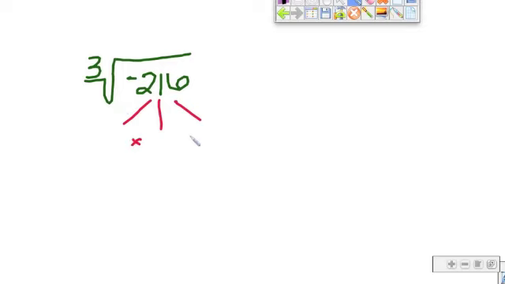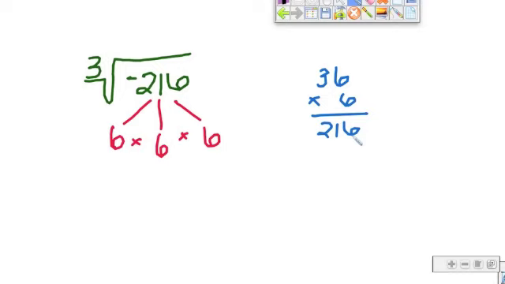And these all 3 have to be multiplying together, not adding them up. What number can I do the same 3 times and multiply them, give me 216? How about 6? Okay, 6 times 6 is going to give me 36. Times 6 is going to give me 216.